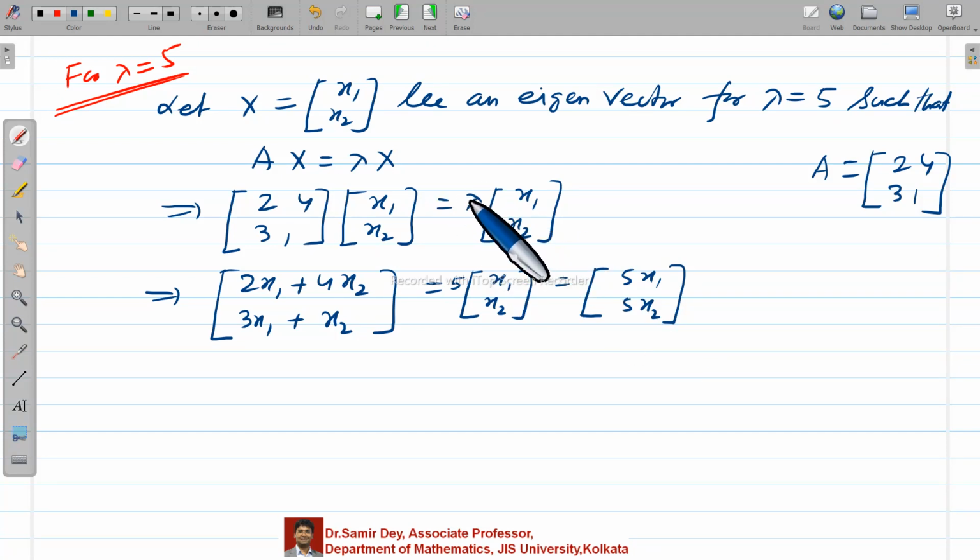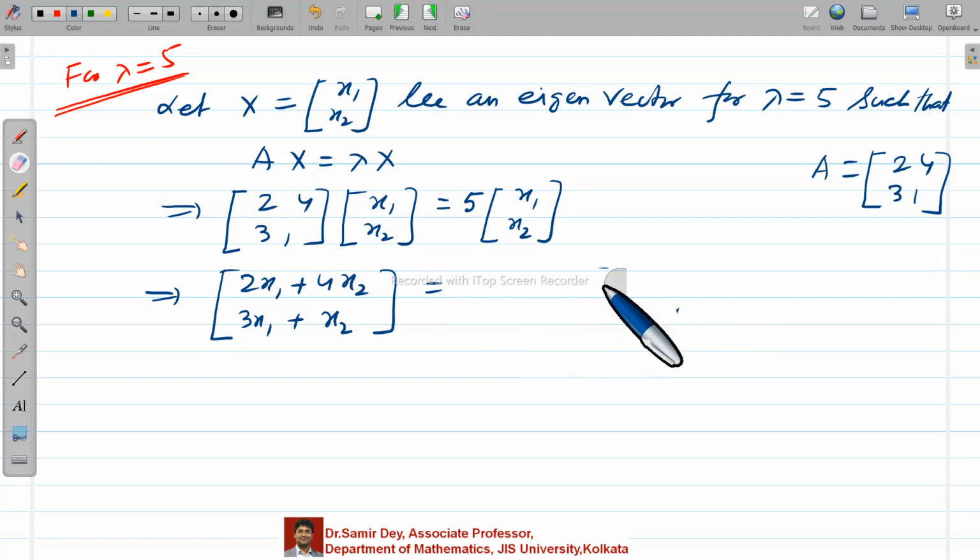Is it clear? We can skip one line, no problem. So here you need to write 5, and no need to write this within a single line, no need to write again and again. So here you need to write 5x1, 5x2.